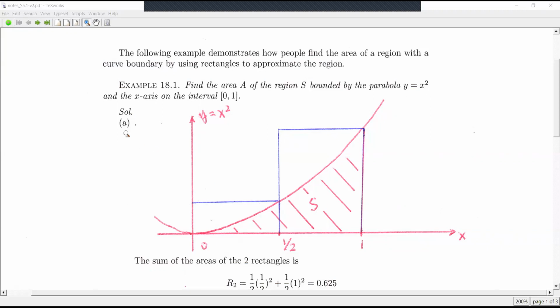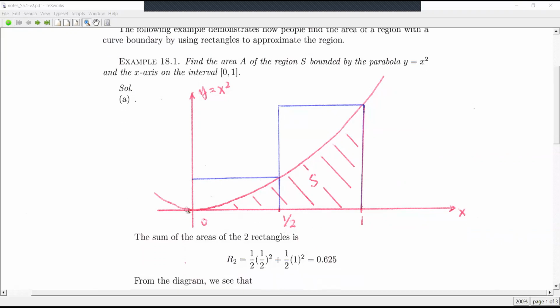As a first step, let me use two rectangles to approximate the region S. Between 0 and 1, I pick the midpoint 1/2 and use 1/2 to cut the interval 0 to 1 into two subintervals. The first subinterval is 0 to 1/2, and the second subinterval is 1/2 to 1.